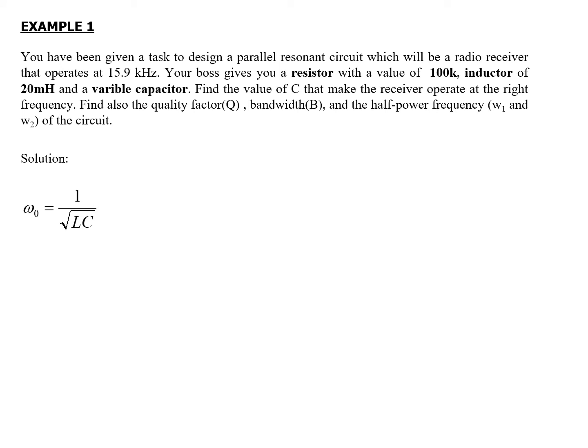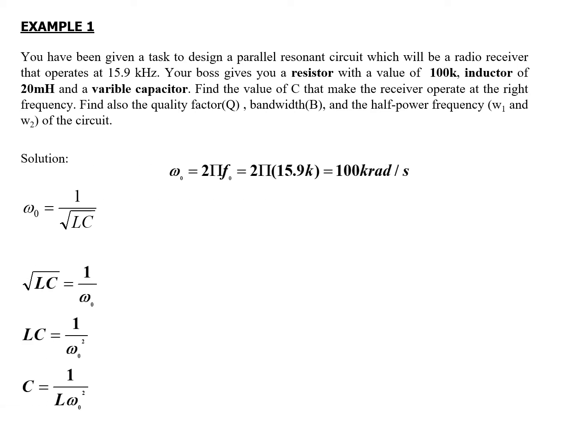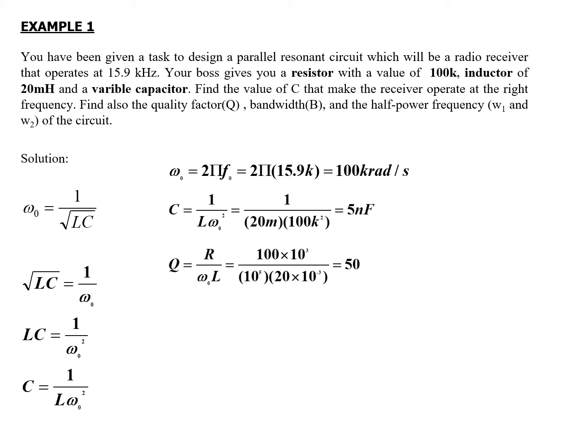Now the solution is simple and straightforward. ω0 is 1 over square root of LC, but that means you will obtain ω0 is 100 kiloradians per second, and the capacitance is 5 nanofarads. The quality factor is R over ω0L.